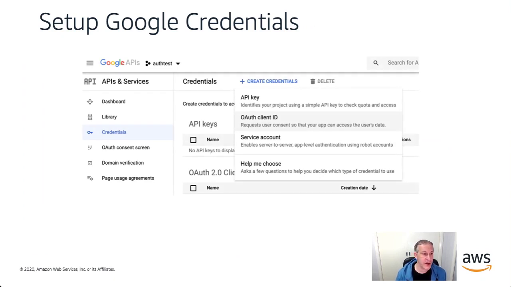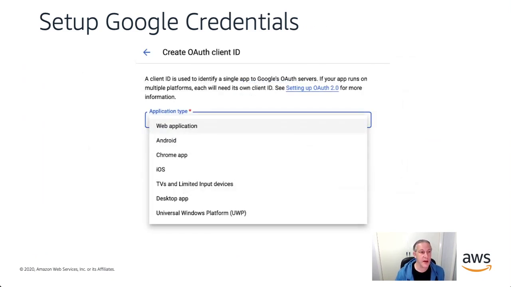So with our application selected, we go to the credentials on the left-hand side menu and go OAuth client ID as the credentials type. From there, we get to pick which application type we want.